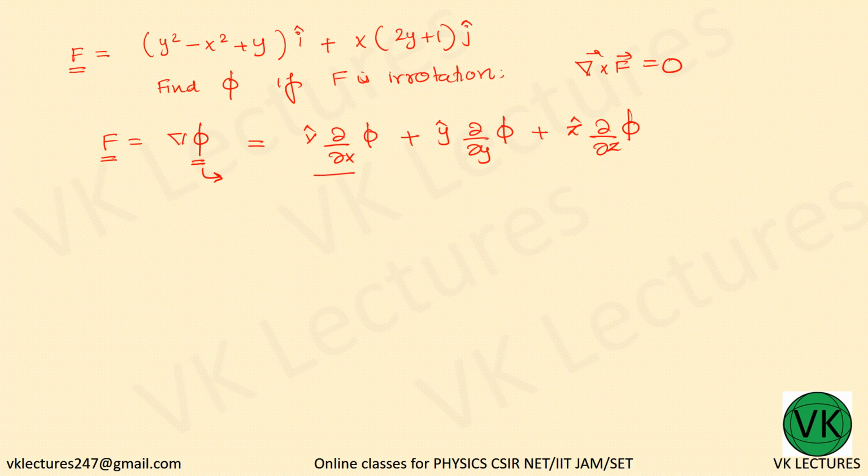So for each term you will get one value of phi, correct? So let us take the first term, dou by dou x of phi. F can be written as Fx, Fy, Fz, different components of F. So dou by dou x of phi is equal to, with respect to x cap, the term y square minus x square plus y.